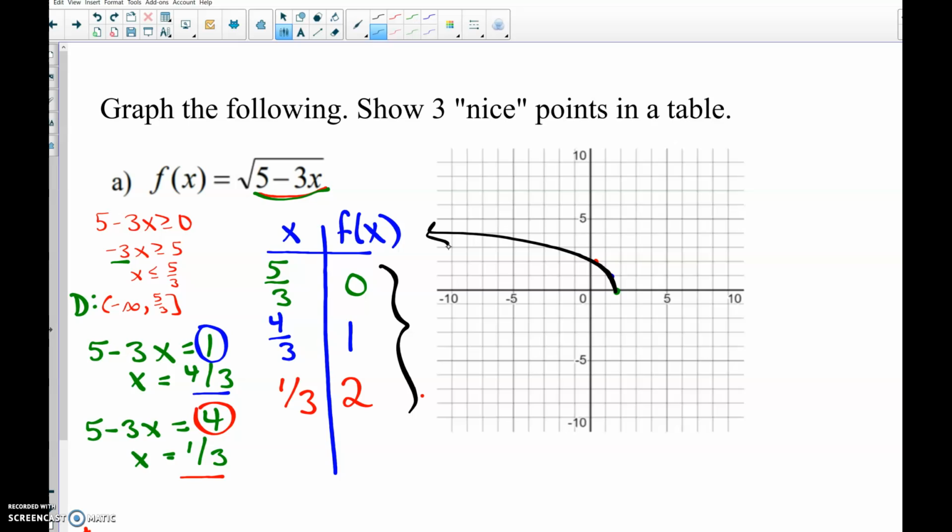The domain, as we see, is what we have written here, negative infinity to 5/3. Our range: this y value will be either the smallest or largest value because that came from the x value from the endpoint of your domain. So in this case, 0 is the smallest number, so our range is going to be from 0 to infinity.